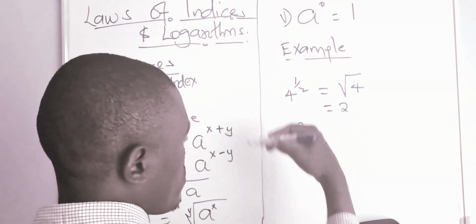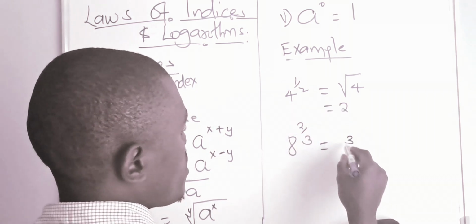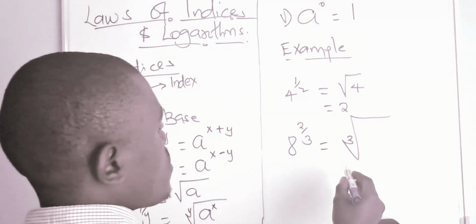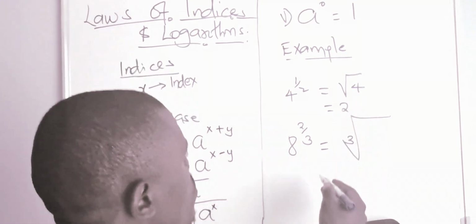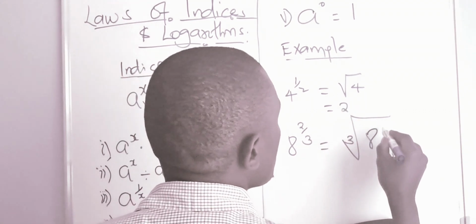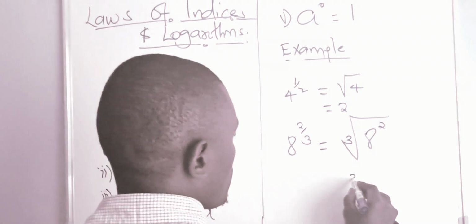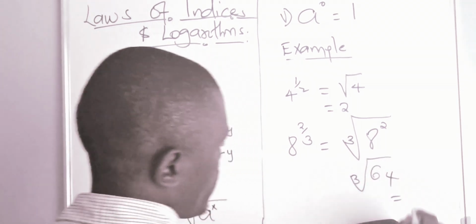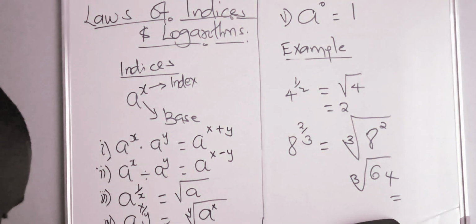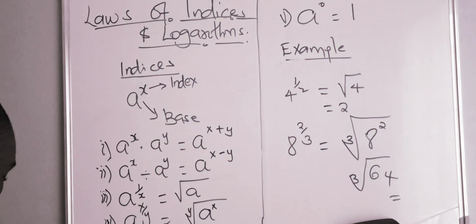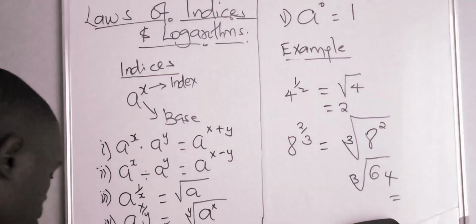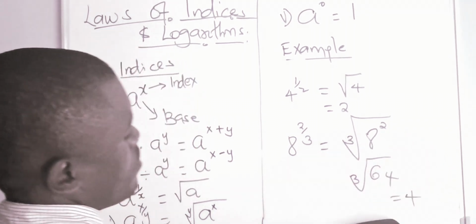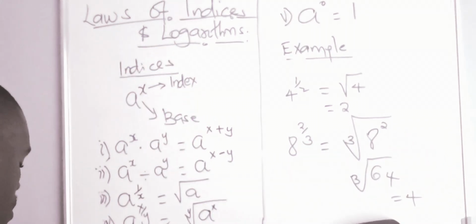You take out the denominator, then you make it a root, so it is the cube root of 8 squared, that is cube root of 64. Your answer is 4. All right.